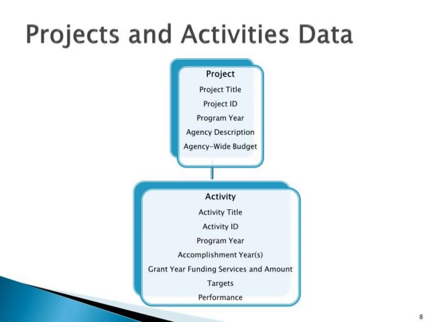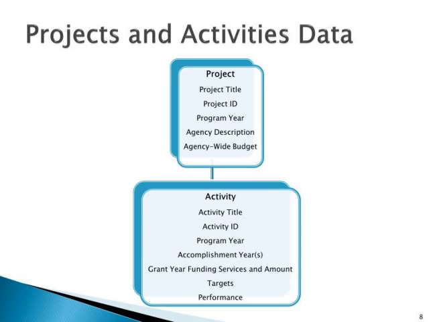There is a sample tracking tool provided for you in the appendix section of your manual, and an Excel version available for download. Within a project, you will also be asked to write a short narrative describing the project and to provide an agency-wide estimated budget that includes projected program income.